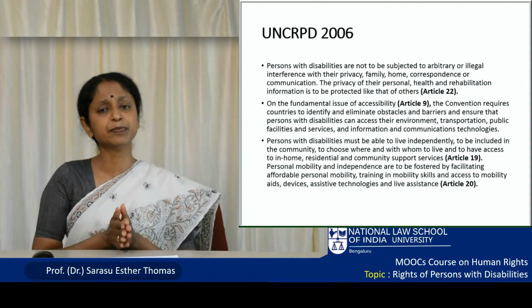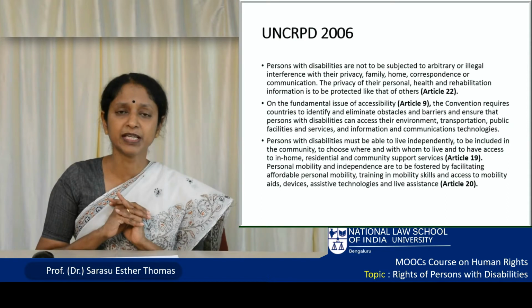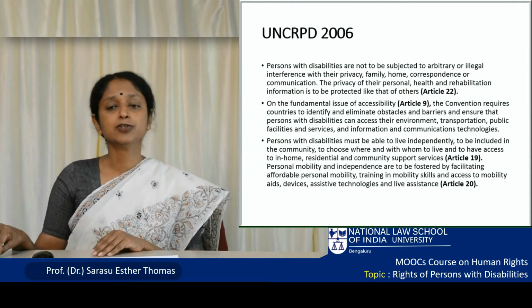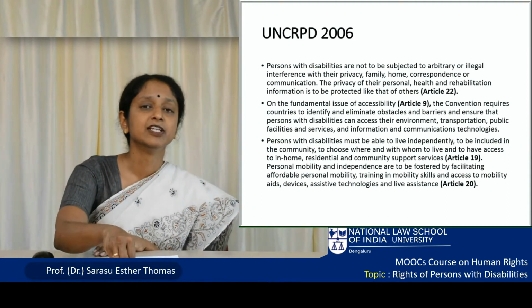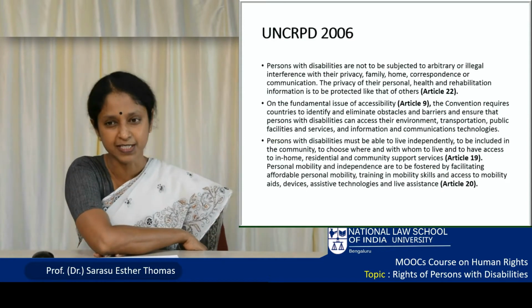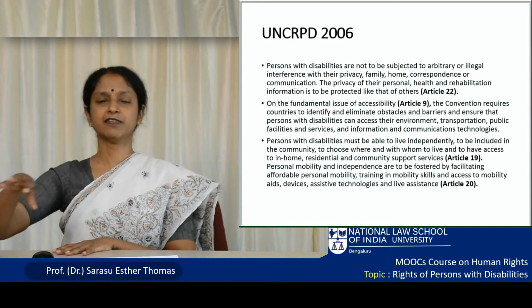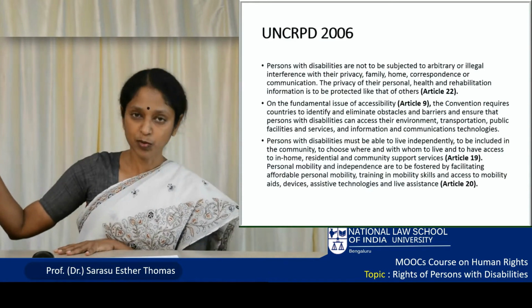We also see that persons with disabilities must be able to live independently, to be able to live in the community, to choose where and with whom to live, to have access to in-home, residential and community support services. So this is very different from rounding up every person with disability and putting them in a special home.